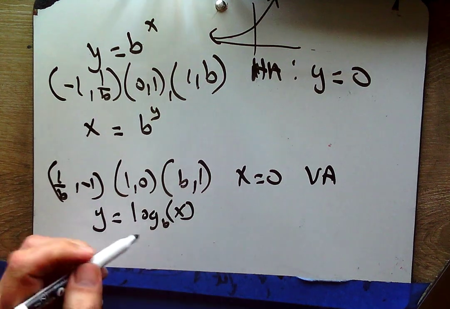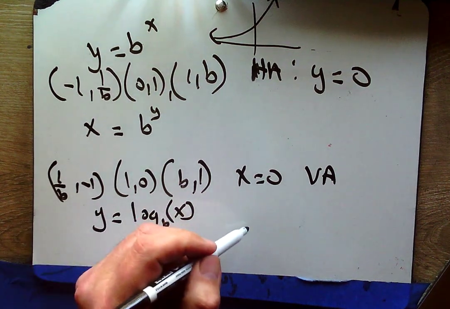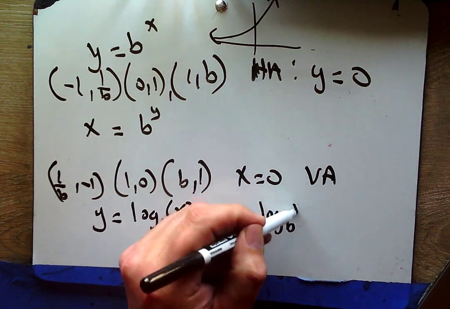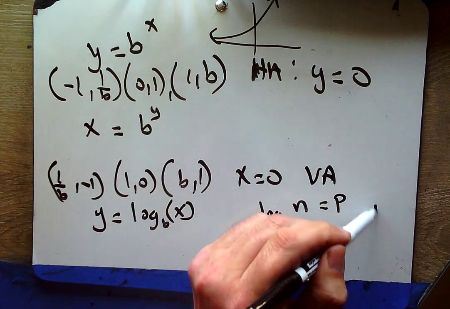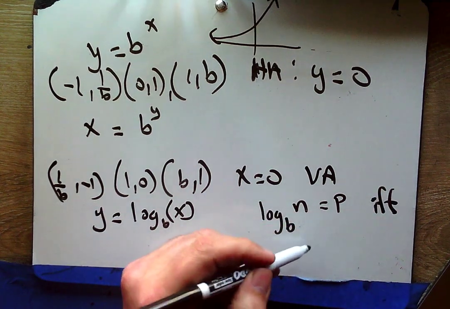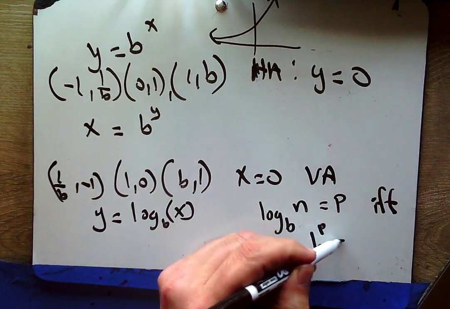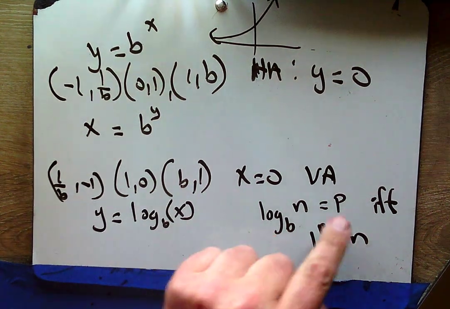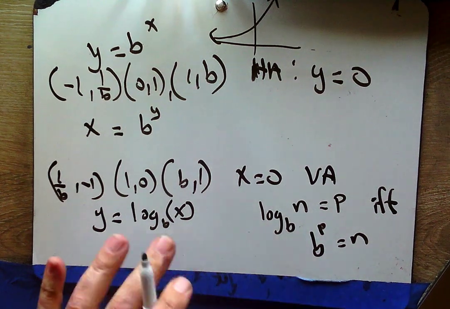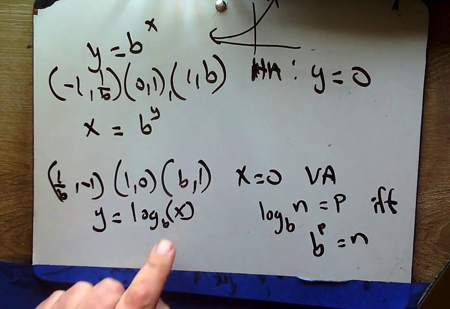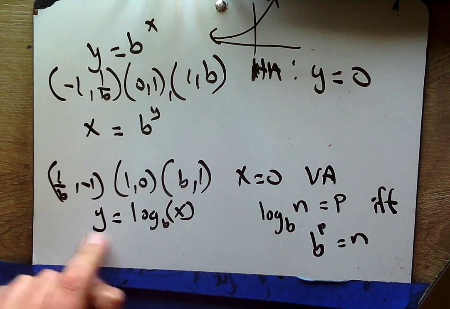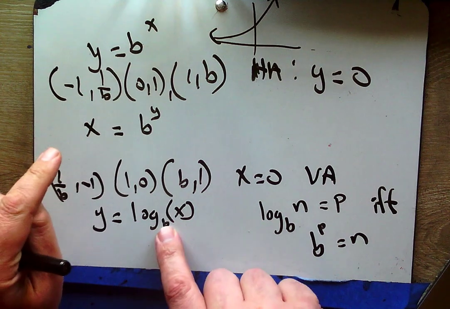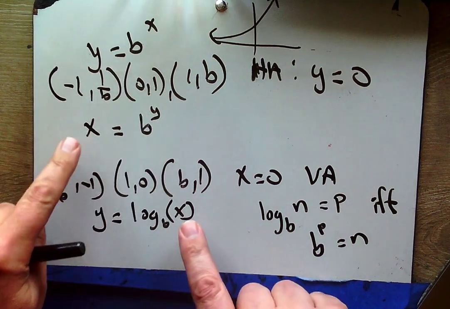And in fact, our definition is log base b of n equals p if and only if b to the p equals n. That's how I'm understanding this. That this is the base, this is the power, and that's the answer, right? That's what we see here. Base, power, answer.